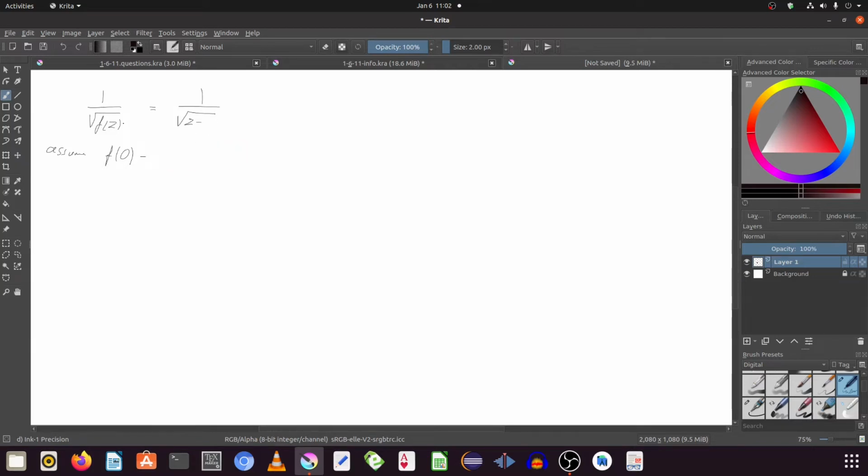So, and then I would write it 1 divided by something divided by square root z plus a holomorphic function.